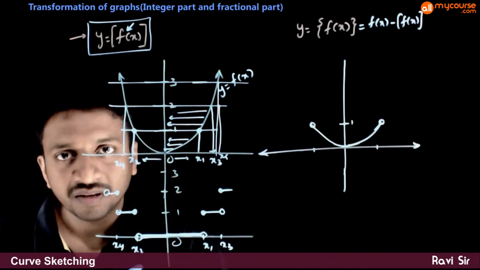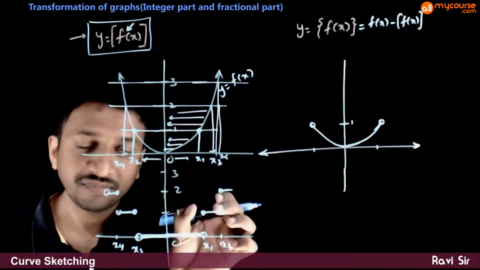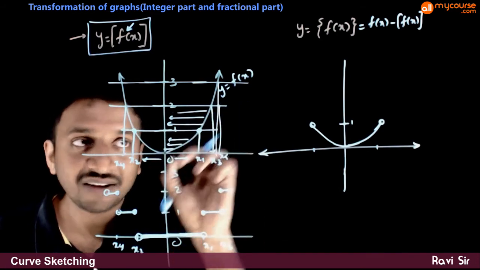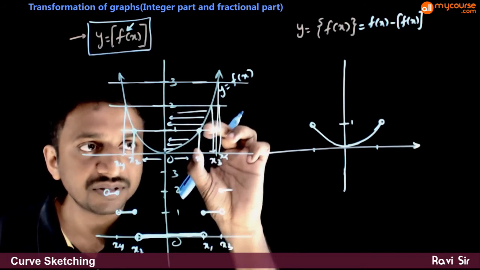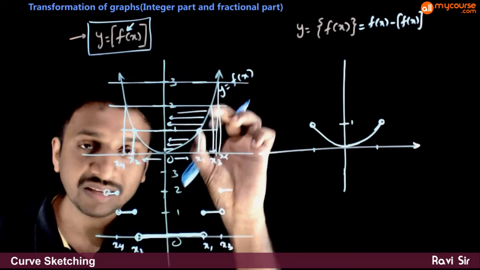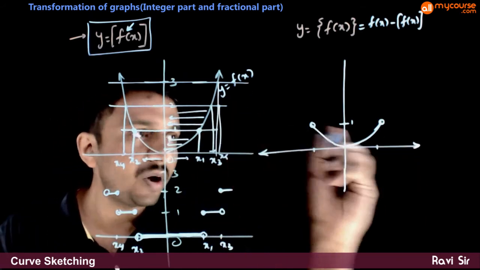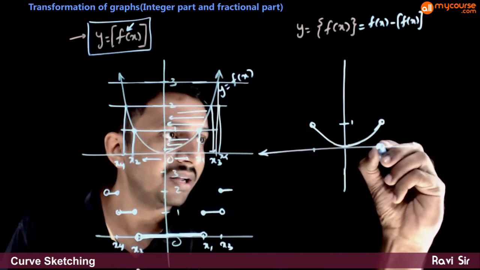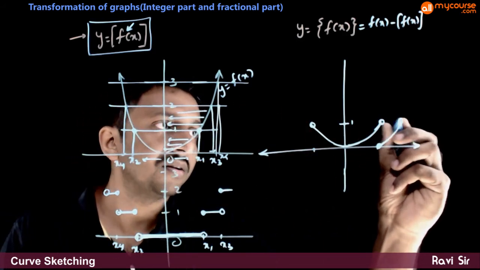Between x1 and x3, you have to subtract 1 from this graph. So that means this graph comes down uniformly by 1 unit. So this point comes down and again it rises by 1 unit. It rises up here.